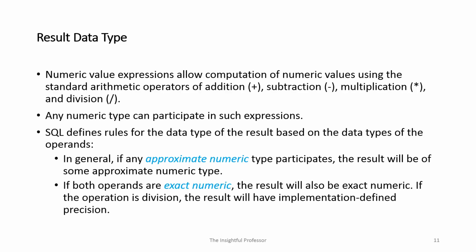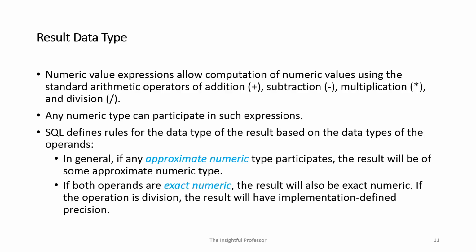And if the operation is division, the result will be defined by the particular implementation, whether that be DB2 or SQL Server or whatever. So they're not necessarily going to be consistent, but it will be represented as an exact numeric. This raises some interesting points if we were to do some kind of computations with the different data types.